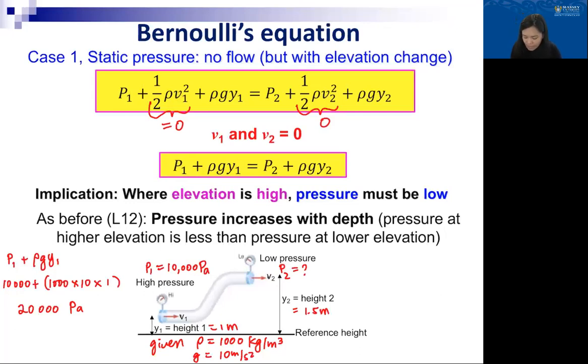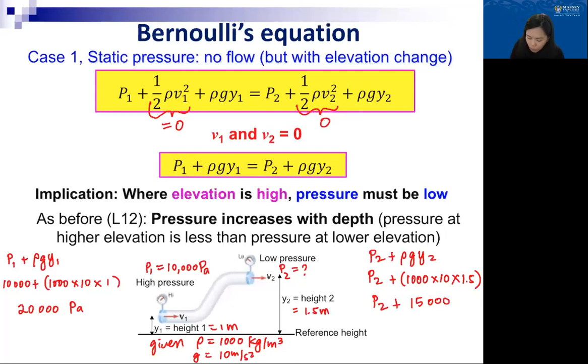On the right-hand side of Bernoulli's equation, P2 is what we want to find out, and rho g y2 is 1,000 times g, which is 10, times 1.5, the new height. This will be 15,000.